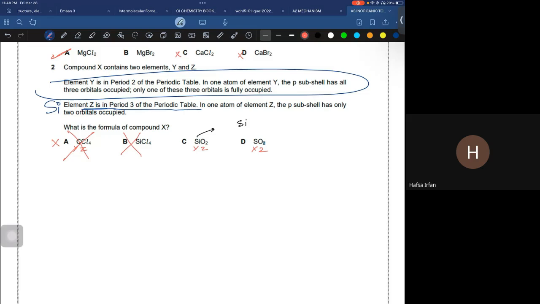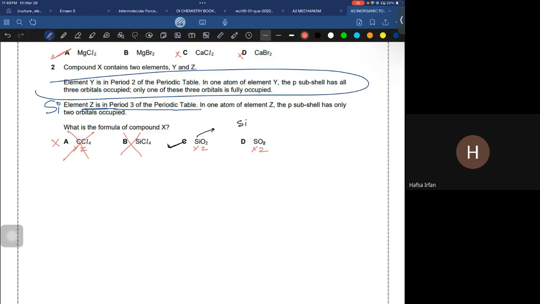Option A is completely incorrect. Then we have to select C or D. So, what do you think? SO2 or SiO2? Of course, this is C. Option C is correct for this question.